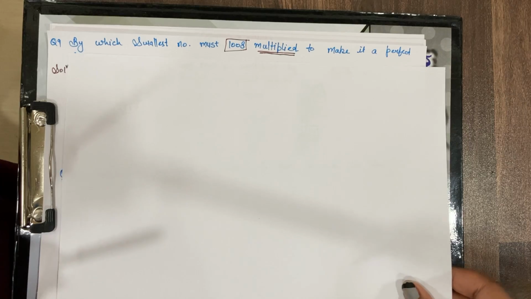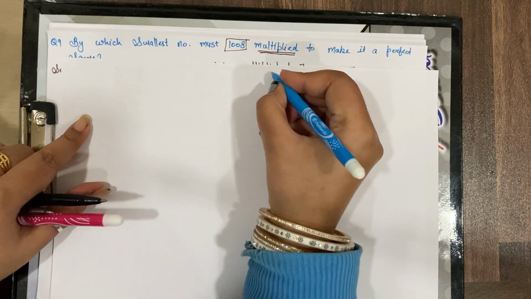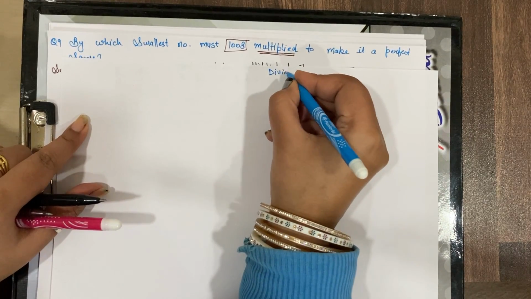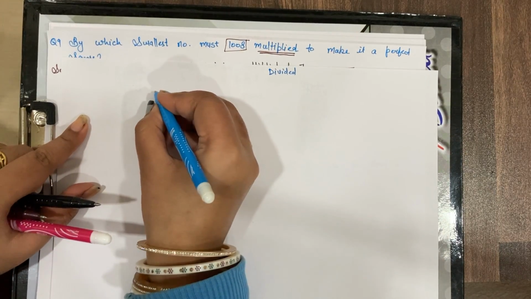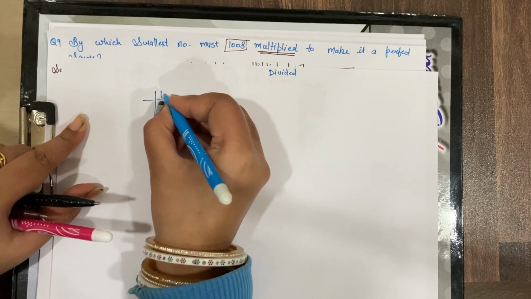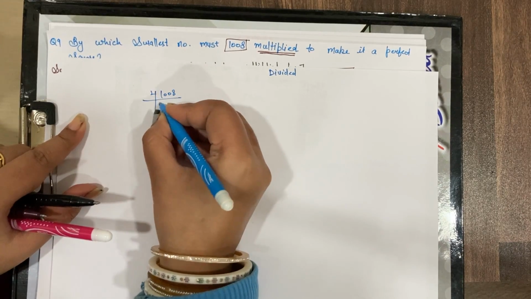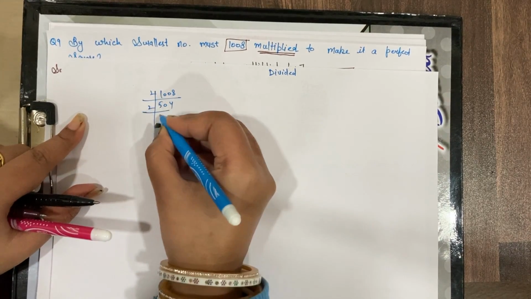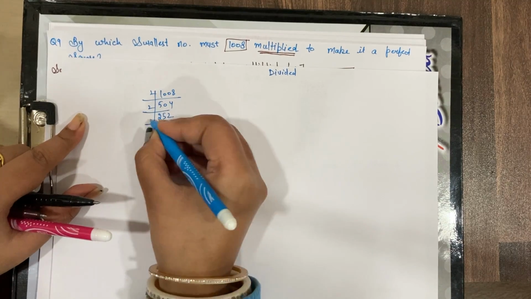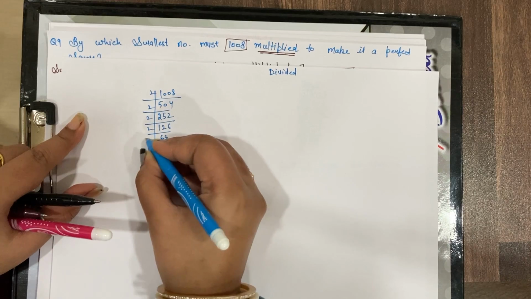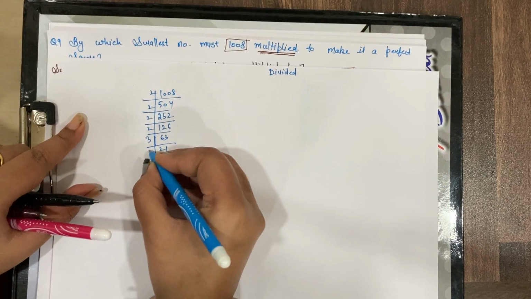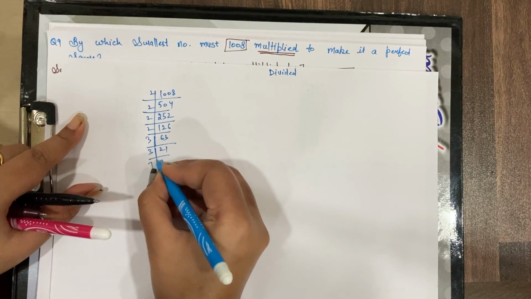See. Consider it for division. Same question, but in place of multiplied, it is divided. You will see the prime factorization of this is as we have done just now: 504, 252, 126, 63, 21, 7, 1.